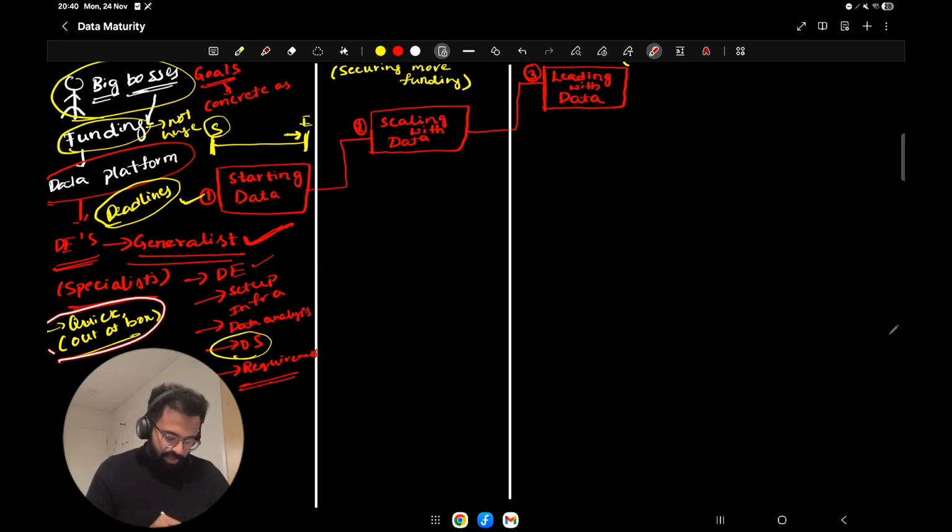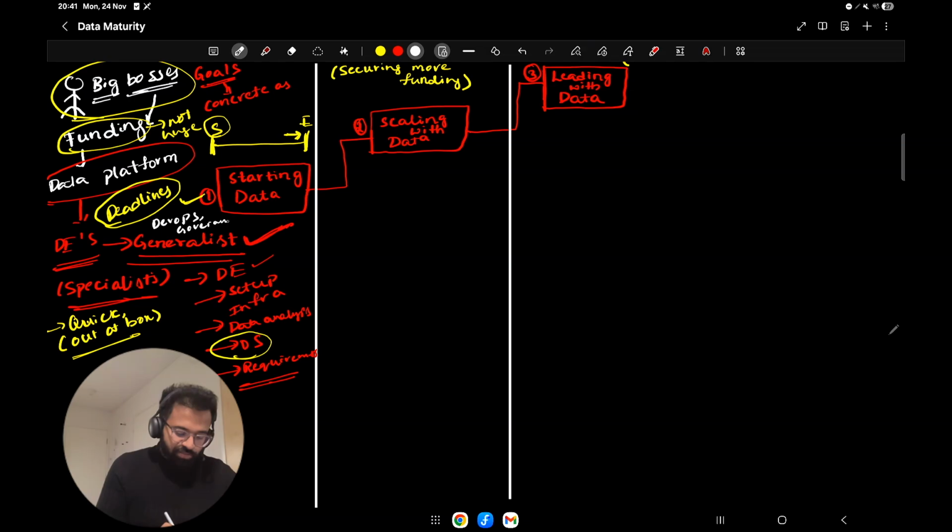Since these are quick and easy wins using out of the box solutions, not so customized solutions. At this stage, in stage one, most of the companies, I'm talking most, not all, might not even have proper DevOps or governance practices.